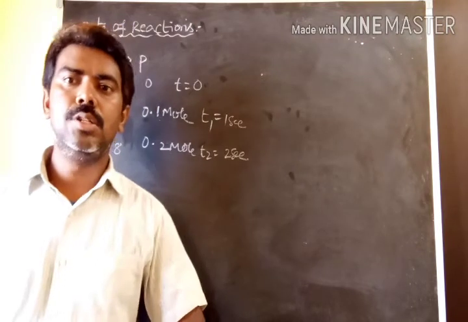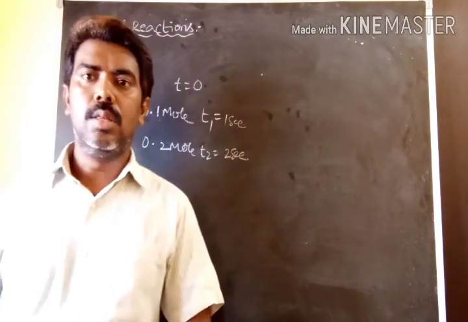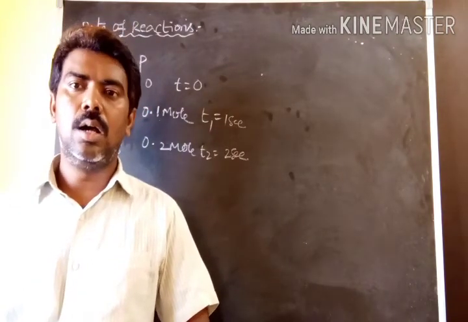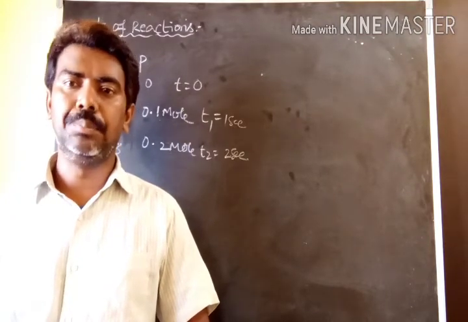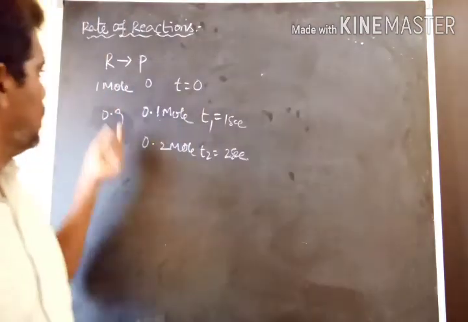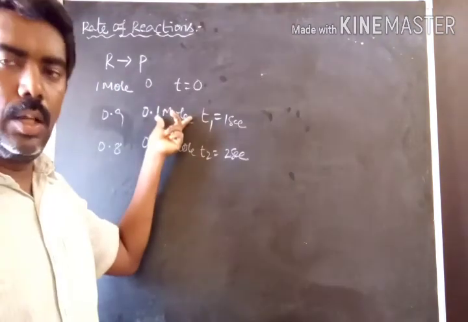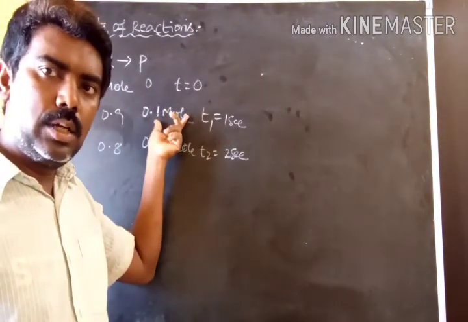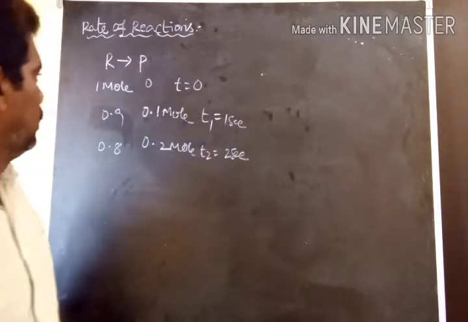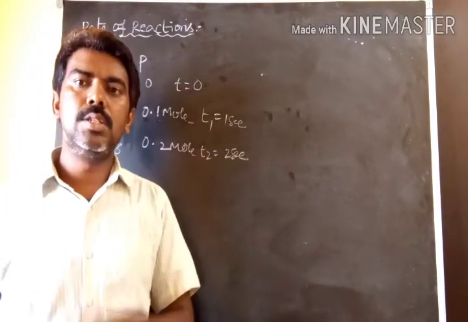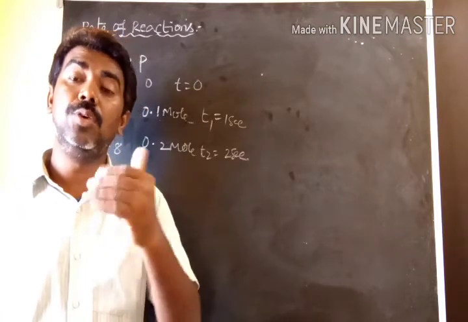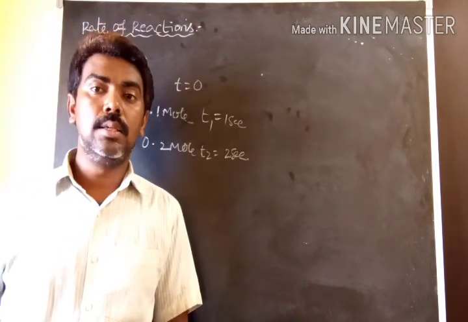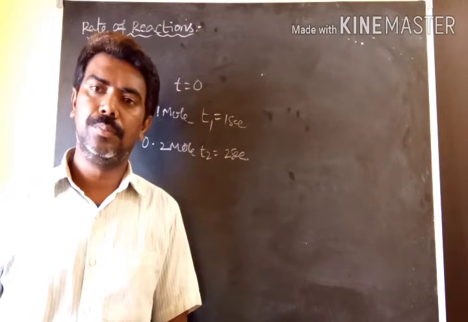The rate of reaction is defined as the rate of disappearance, or the rate of decrease in the concentration of reactant per unit time. Here the disappearance is nothing but the reactants being converted into products. The rate of disappearance of reactants or the rate of appearance of products per unit time, both are called the rate of reaction.